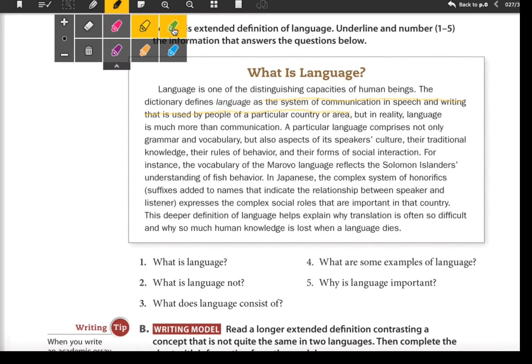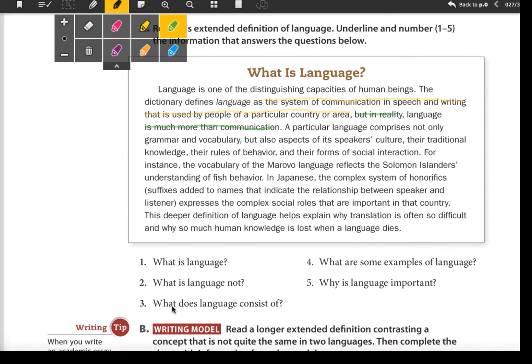So language not is, it's not just communication. So I can say, but in reality, right? It's more than communication. So down here, if I were to answer the chart, what is language not? I would say language is not just communication, but more than that. It's beyond communication. Okay? And I would just stop there. That would be the sentence I would make.